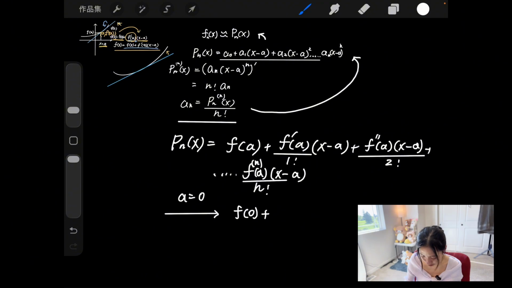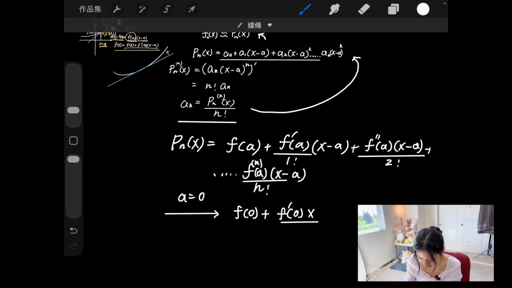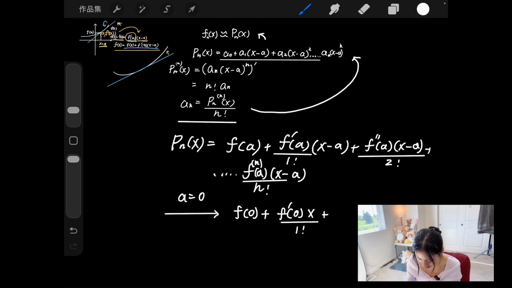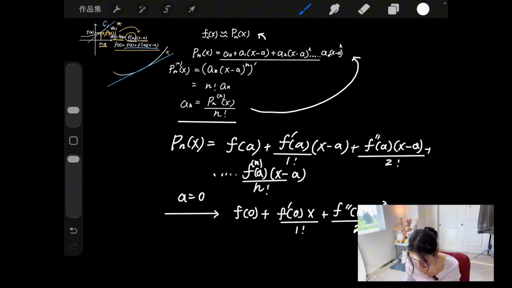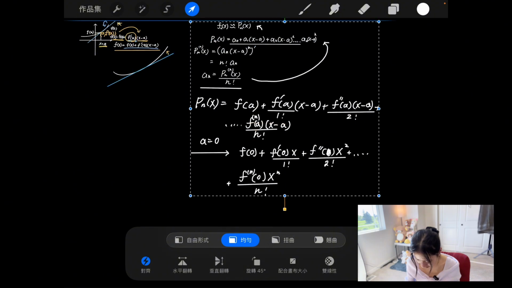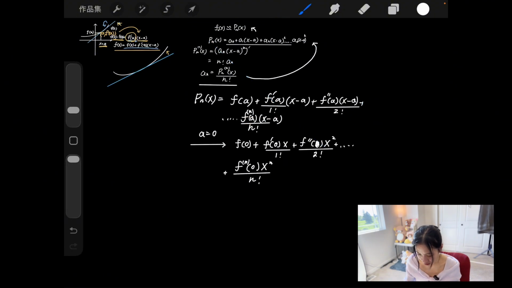It will be f(0) plus f'(0) times x over 1 factorial, plus f''(0) times x squared over 2 factorial, and all the way to the nth derivative of f at 0 times x to the power of n over n factorial.